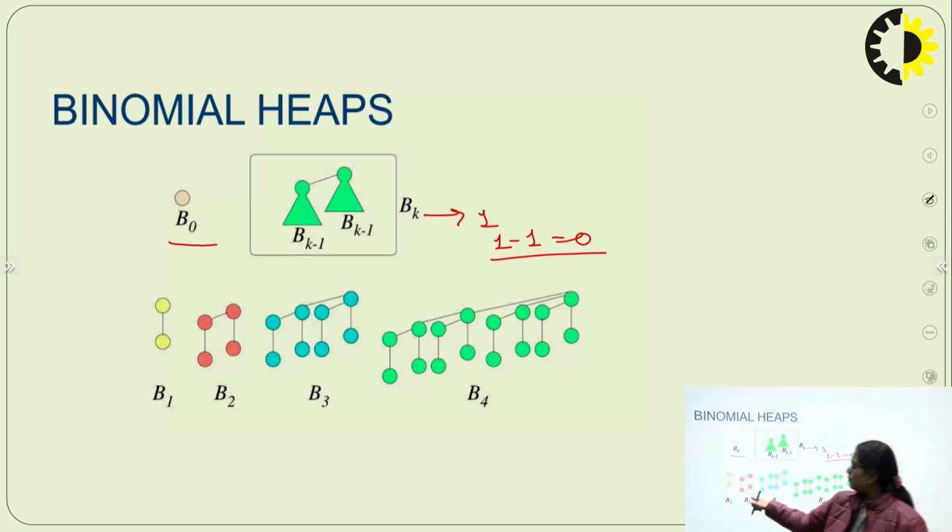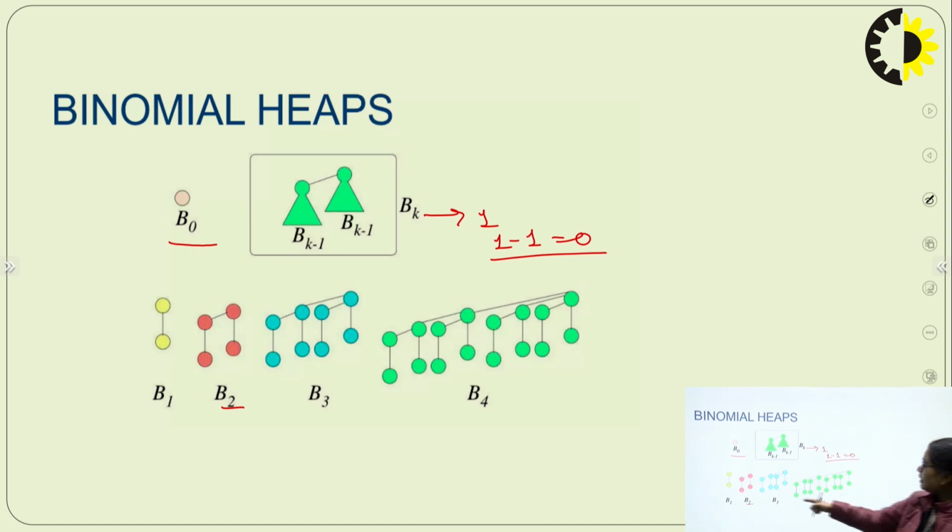Let's have a look at B2. If we are making a B2 tree, the value of k is 2. Then B2 has two trees of level Bk minus 1, that means 2 minus 1, which is B1. B2 is created using two B1 trees. The process is, one is B1 here, and the second B1 is the leftmost child of this particular B1 tree.